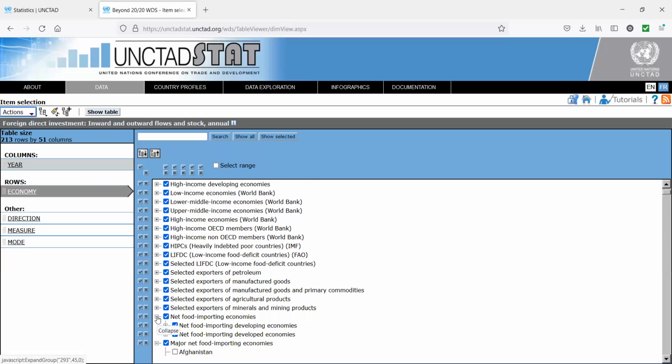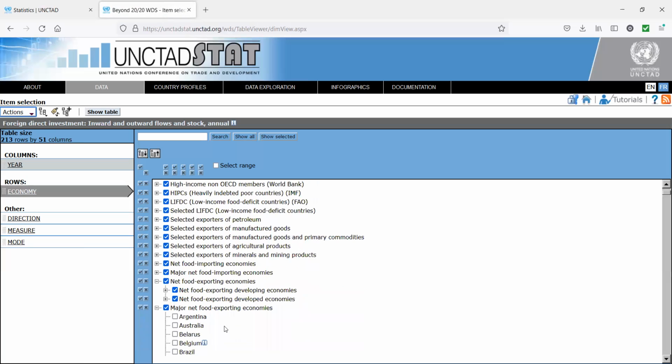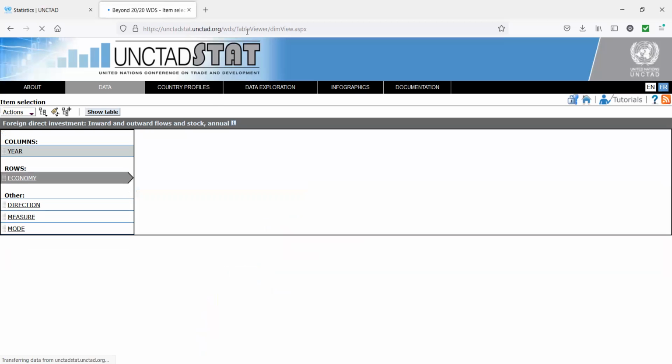You have net food importing countries. You will have major net food importing countries. You have net food exporting countries. You will have major net food exporting economies. You will have BASIC countries. You'll have also BRICS countries.